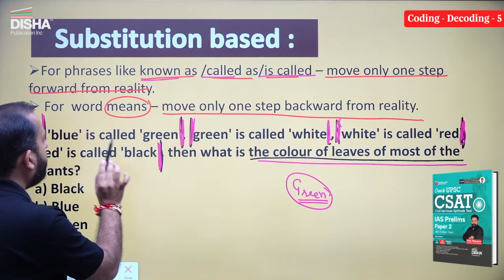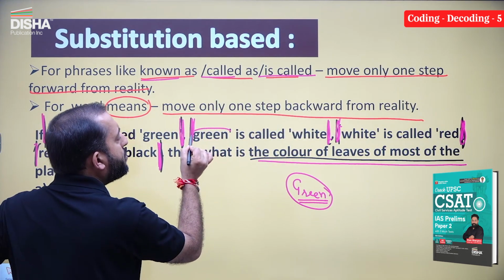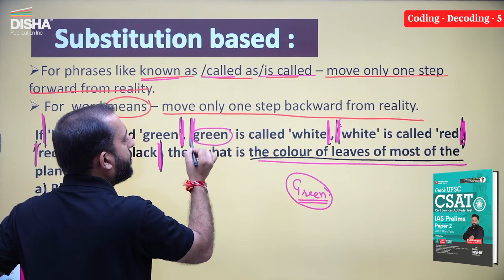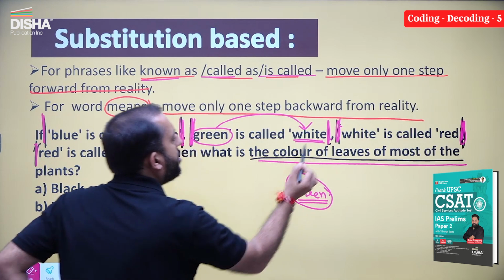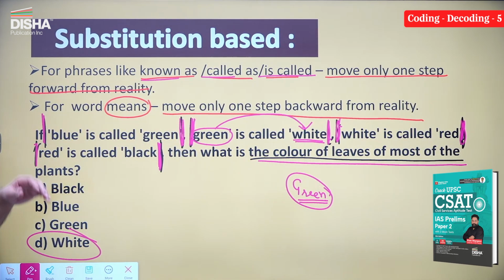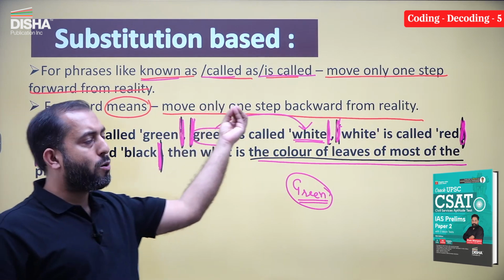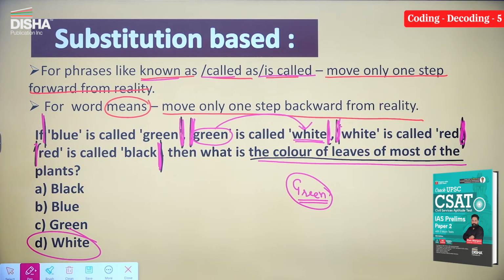You can see out of these four statements, green comes first in the very first statement. So from green, one step forward, we are getting white. So the answer over here should be white, option D. Because in that particular language, green is called what? White. Hence the answer is option D, which is white. Kindly mark it.